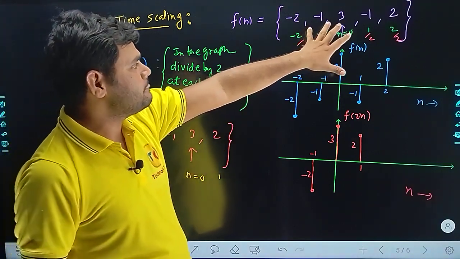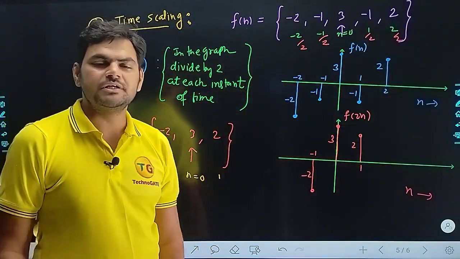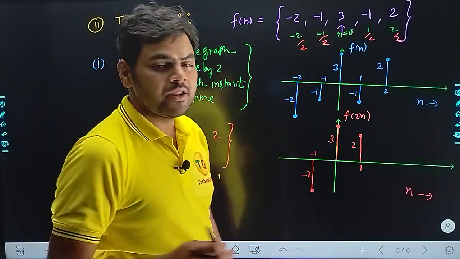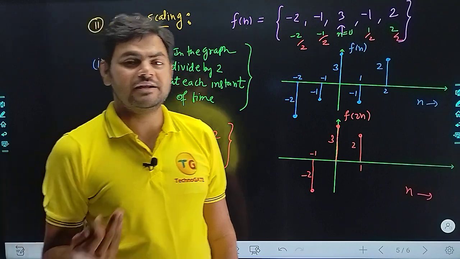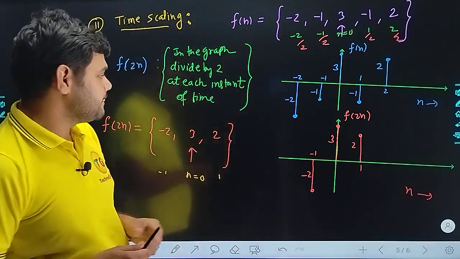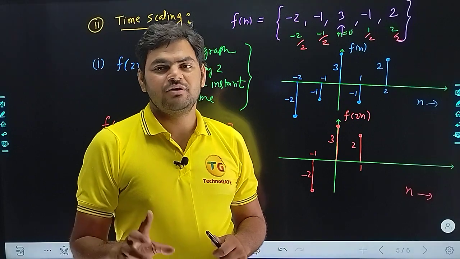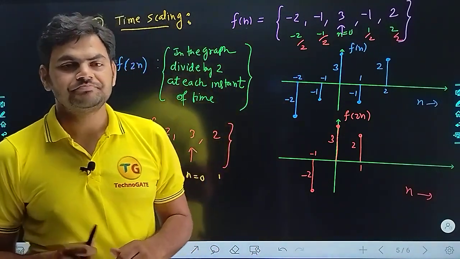The original signal has 5 non-zero samples, but in the resulting one we have only 3 non-zero samples. We have lost that one minus 1 and this minus 1. So while performing time scaling, especially with a scaling factor greater than 1, you must keep this in mind, whether it is desirable or not, because it will lose samples permanently.